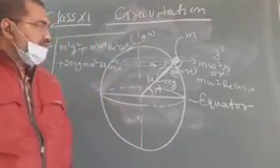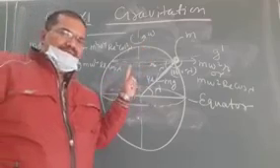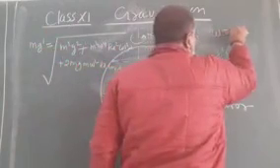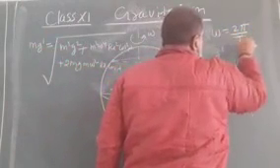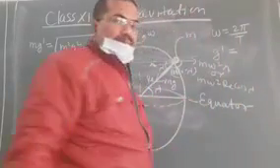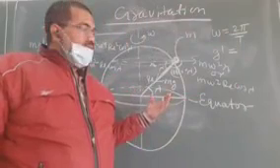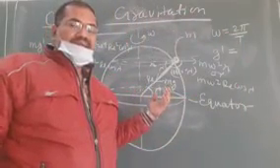Now since omega is very small, as we know omega is equal to 2 pi by T, where T is the time period of the Earth's rotation, that is 24 hours.